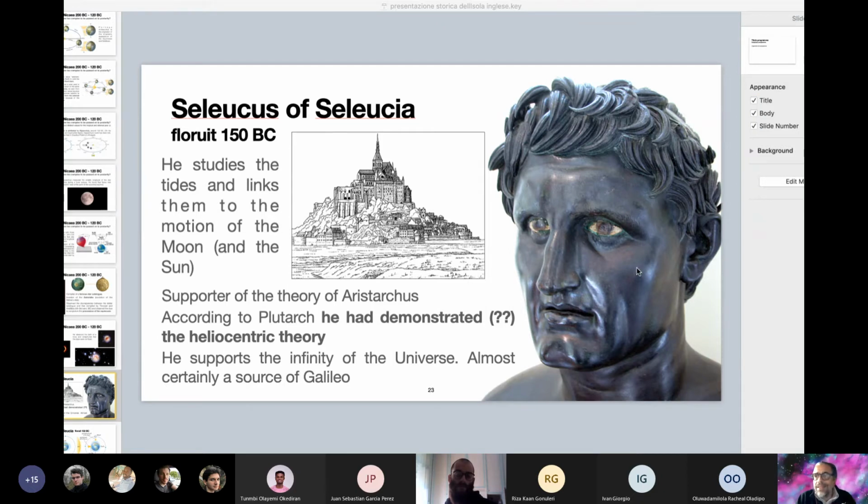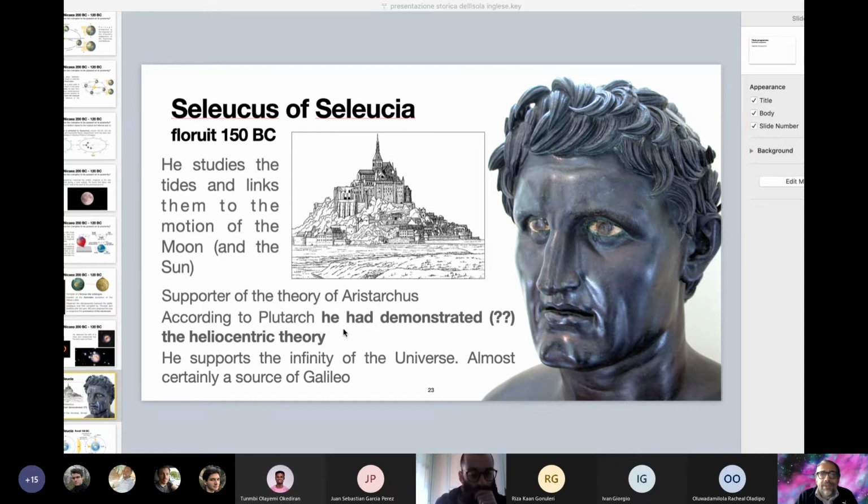So what does it mean that he demonstrated the heliocentric theory? Probably it means that he had some basic principles of mechanics, more or less like the law which we call Newton's law of universal gravitation. And from this law, he deduced that the planets must move around the bigger mass, the sun.